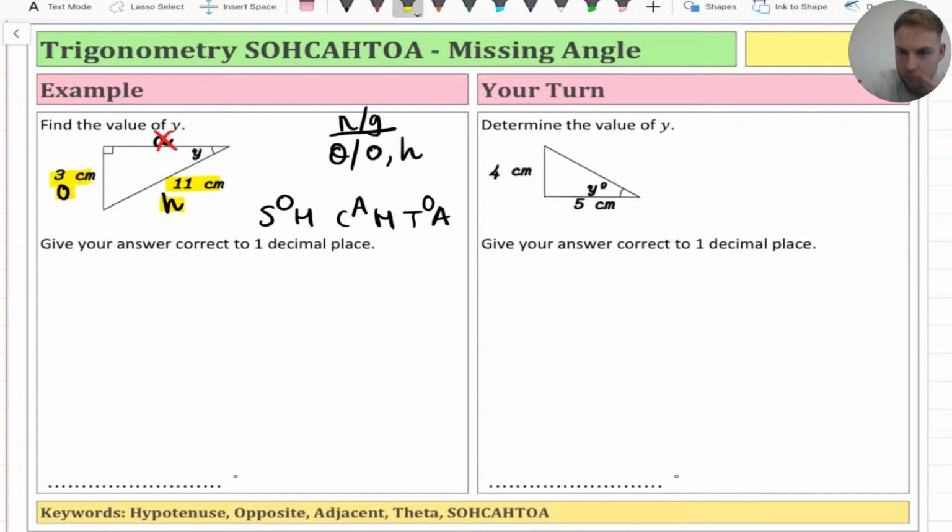So I highlight what's in my need and got list. So I'm going to highlight O. I'm going to highlight H, which means that I'm going to be using SOH, which is sine is equal to opposite over hypotenuse. So sine of theta is equal to opposite over hypotenuse, like so.